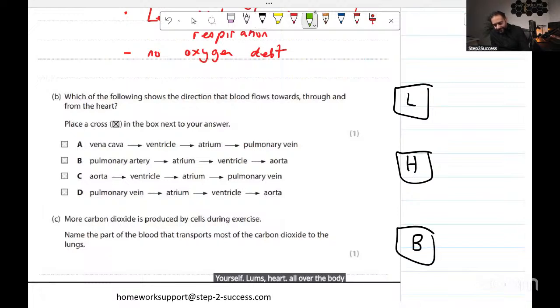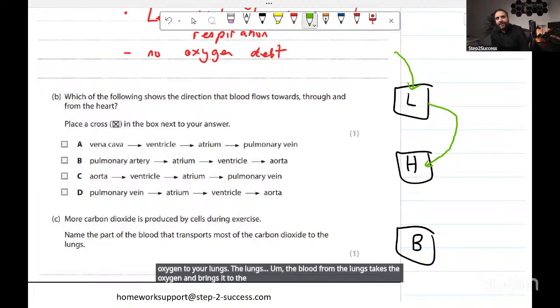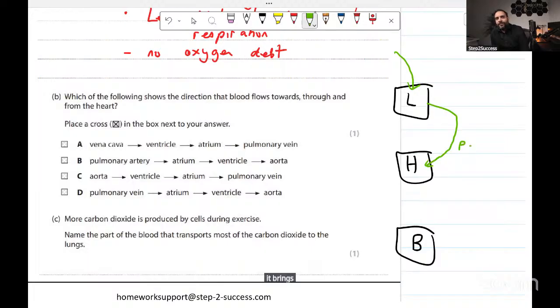You breathe in oxygen to your lungs. The blood from the lungs takes the oxygen and brings it to the heart. It brings it through something called the pulmonary vein. And it goes into your left atrium and then your left ventricle.